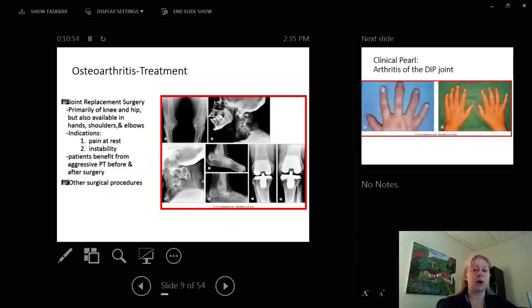And then, of course, if it becomes severe degeneration, bone on bone, that's when joint replacements you'll hear about, which is common. It happens. People have their total joints replaced of hip and knee. Don't hear too much of hands and elbows, occasional shoulder. Usually those are people that have had chronic issues through the years.